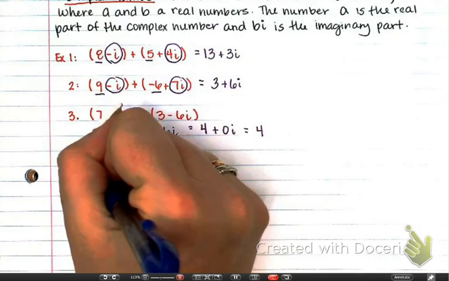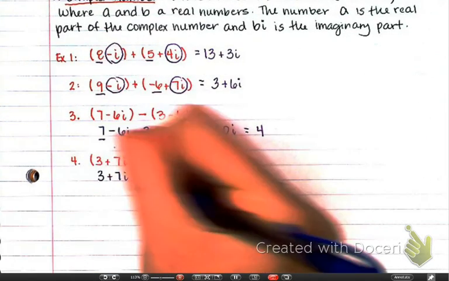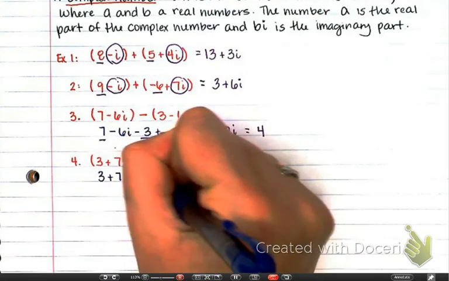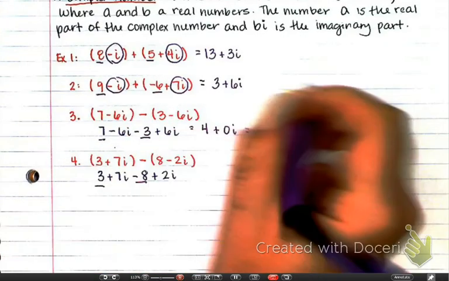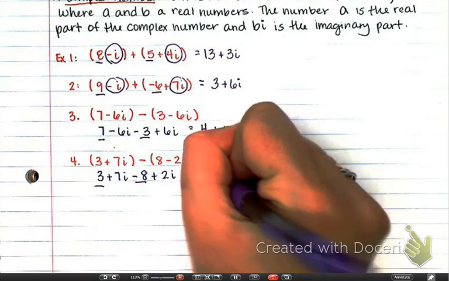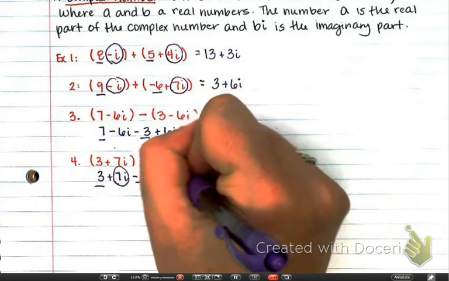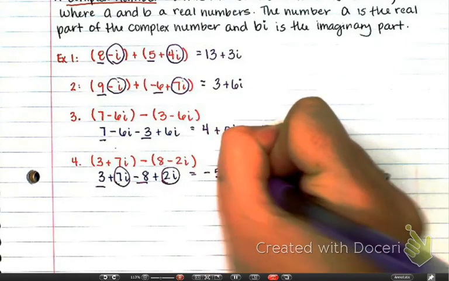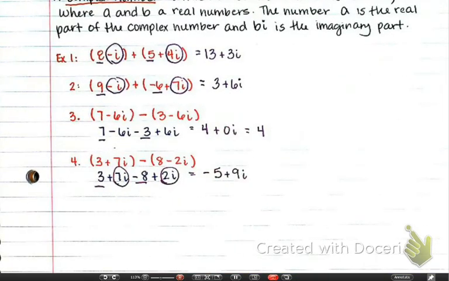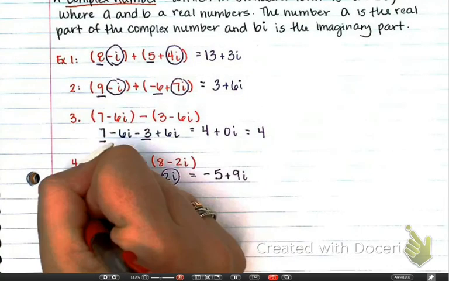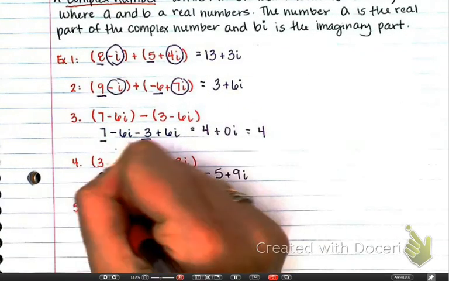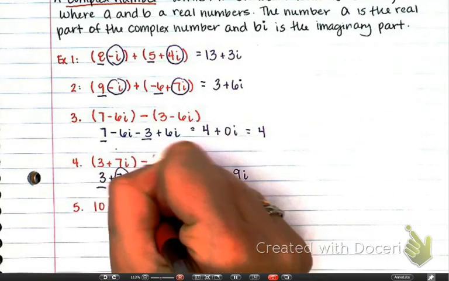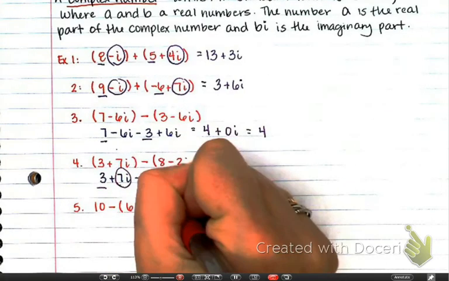Okay, so you should have 3 plus 7I minus 8 plus 2I. And then if you combine like terms, 3 minus 8 is negative 5. 7I plus 2I is 9I. We still okay? Great. Last type that we're going to see. It doesn't really get any harder.